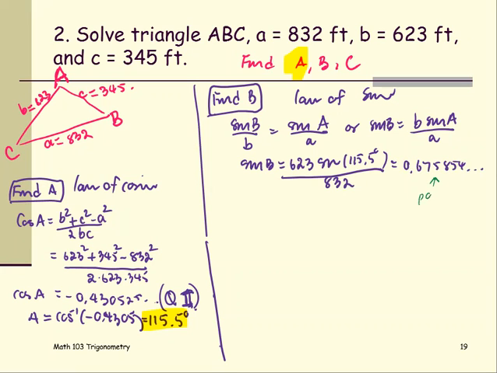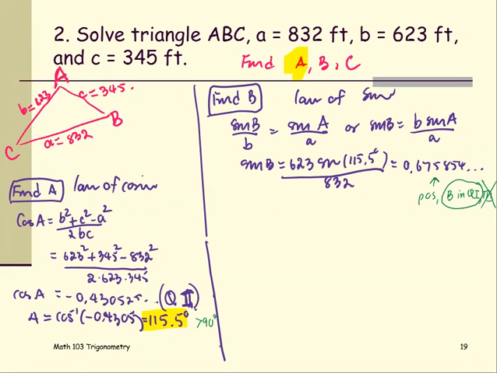If it is positive, angle B will be in the first quadrant or the second quadrant. Since angle A is already in the second quadrant, or greater than 90 degrees, it forces angle B to be in the first quadrant.